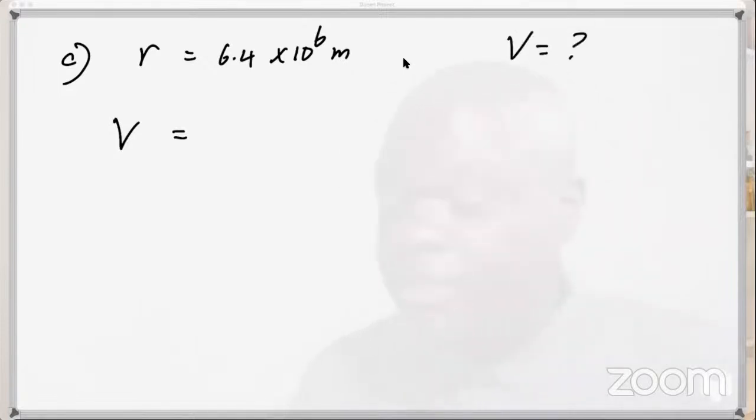Does anyone remember the equation, the relationship between linear velocity and angular velocity? Would it just be R delta theta over delta T, or no?